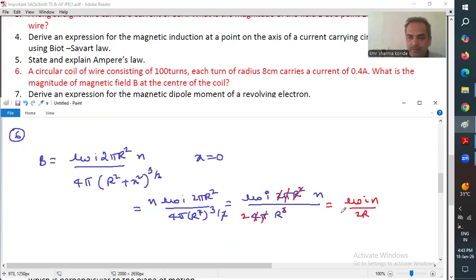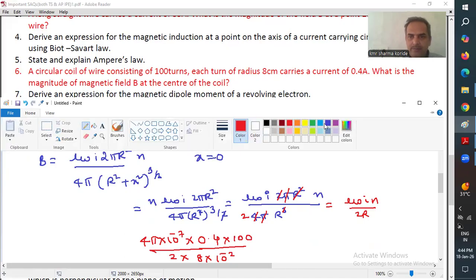So now let us substitute the values given. Mu naught is 4 pi into 10 to the power of minus 7, I is 0.4, divided by 2 into r, which is 8 centimeters, and the number of turns is 100. The radius is 8 centimeters, so we convert centimeters into meters.